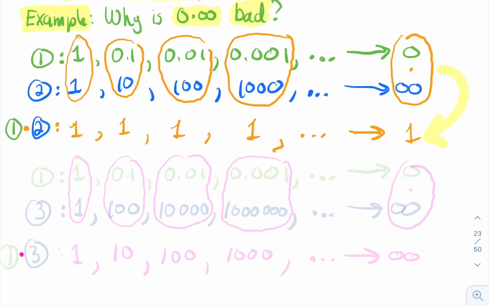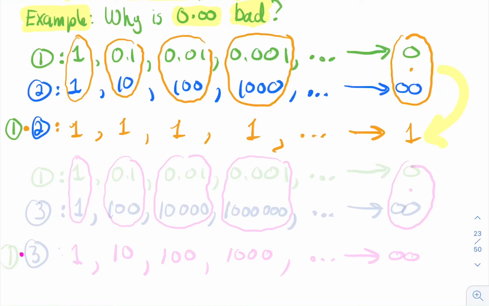Let's look at another sequence. I'll just call that 1, because I'll always use the same 1 going to 0, but I'll use another 1 for the one going to infinity. So let's say we have the same first sequence.